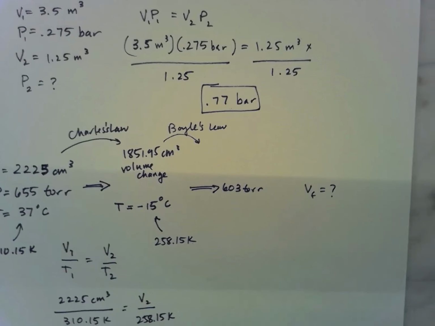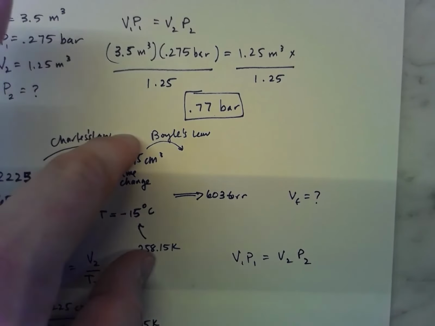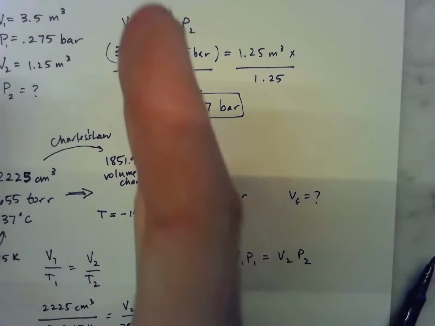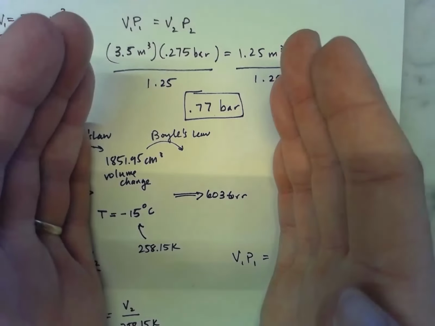We need V1P1 is equal to V2P2, and this is our V1P1. We have to treat this like one problem and work everything, and then treat this like another problem and work everything.